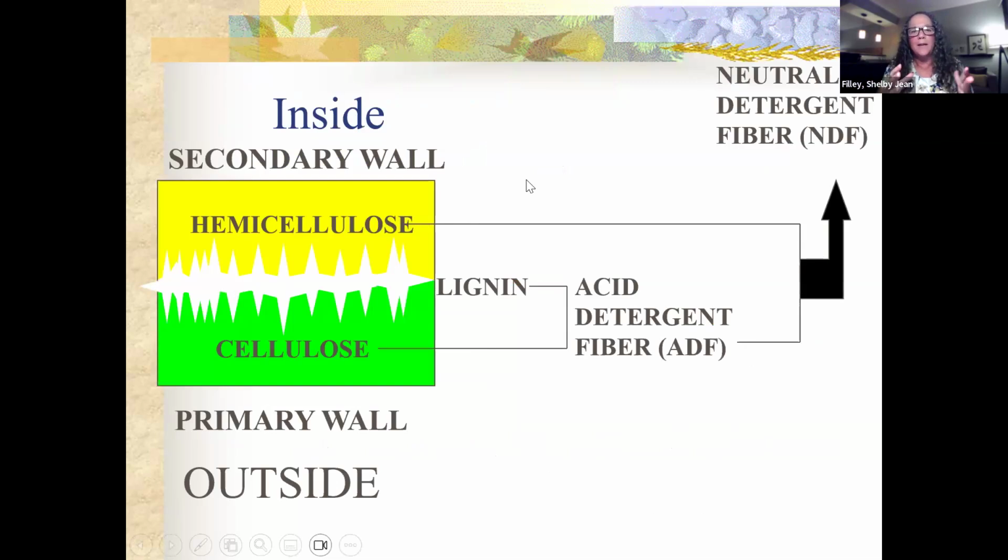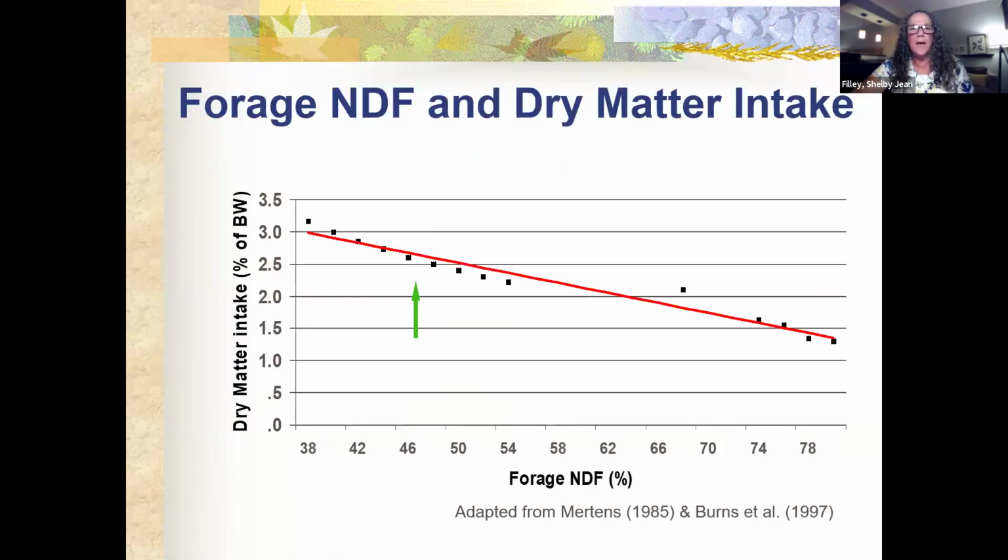Hemicellulose is quite fluffy. So as the animal eats that, it fills the rumen and it affects the dry matter intake because the animal can only eat so much fluffy feed. So here's the forage neutral detergent fiber on the x-axis, and on the y-axis is the dry matter intake. And again, we have a linear relationship where the more fiber, the less the animal can eat.